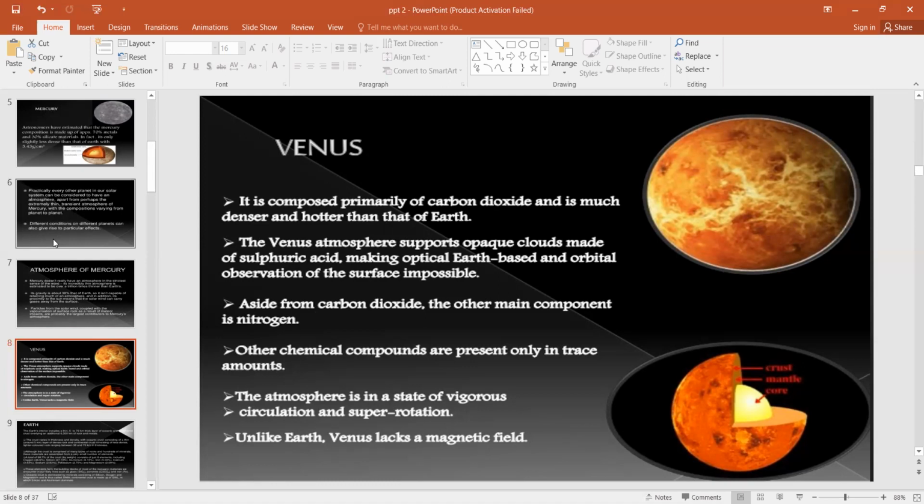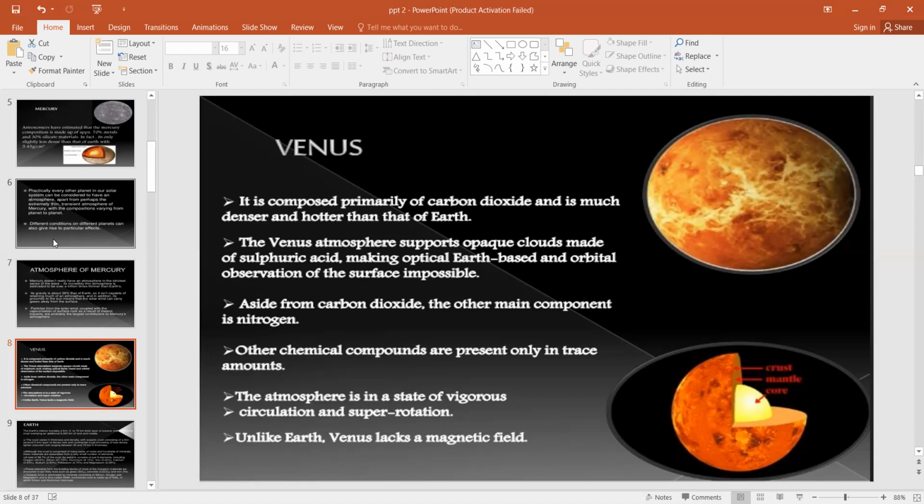Venus is primarily composed of carbon dioxide, and its atmosphere is much denser and hotter than that of Earth. The Venus atmosphere sports opaque clouds that are made up of sulfuric acid, making optical Earth-based and orbital observation of the surface impossible.